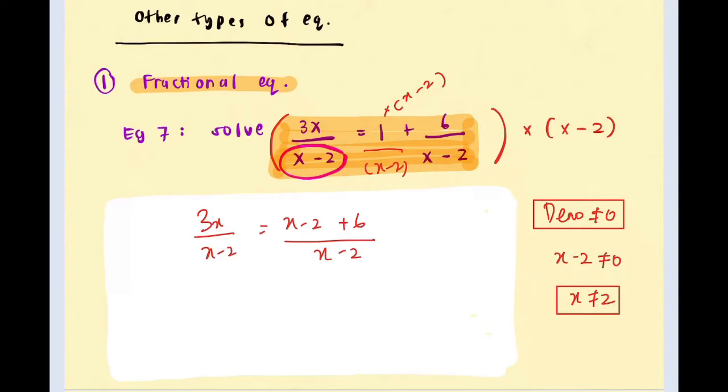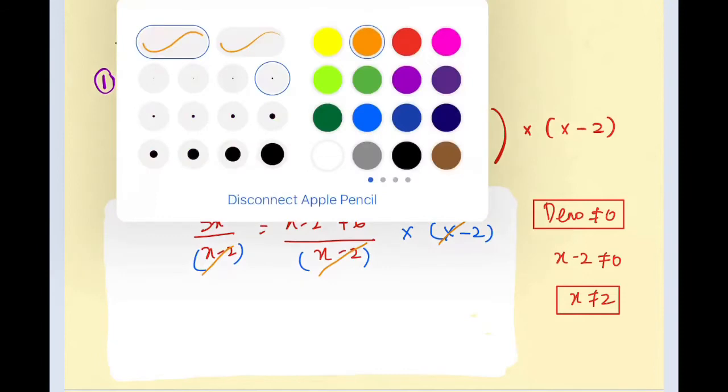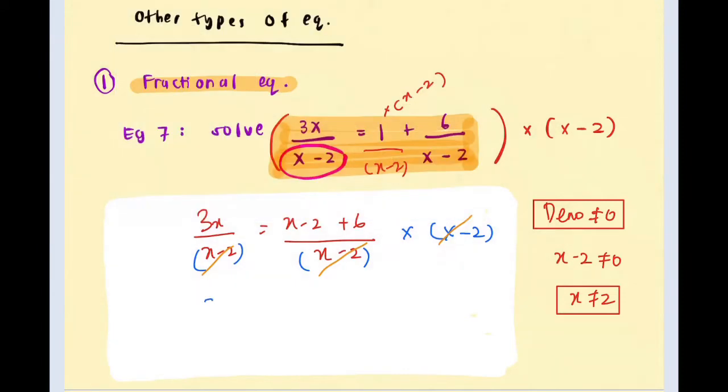Since you have the same denominator, let's get rid of the denominator by multiplying both sides with x minus 2. Therefore, you can cancel out the first term with this one and also cancel out the second term. That is what we want to do. So now you are left with 3x equal to x plus 4.